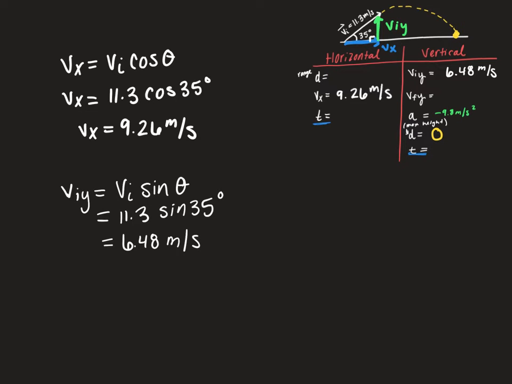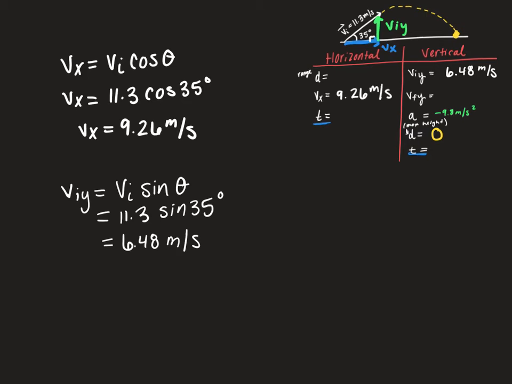All right, so we're trying to find t, right? If we're trying to find time and we have initial velocity, acceleration, and distance, what equation would we use? We need an equation from our card that has time, distance, acceleration, and initial velocity.